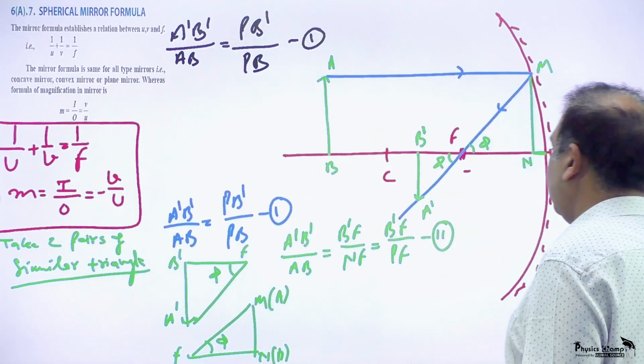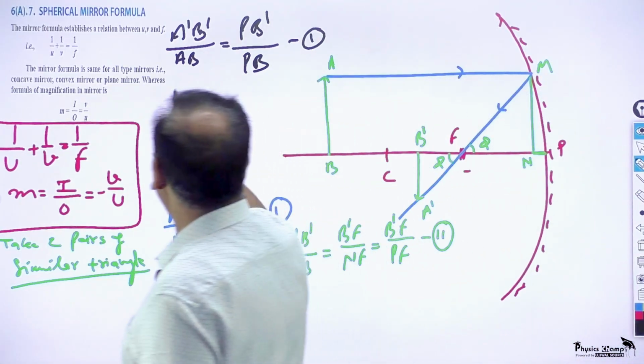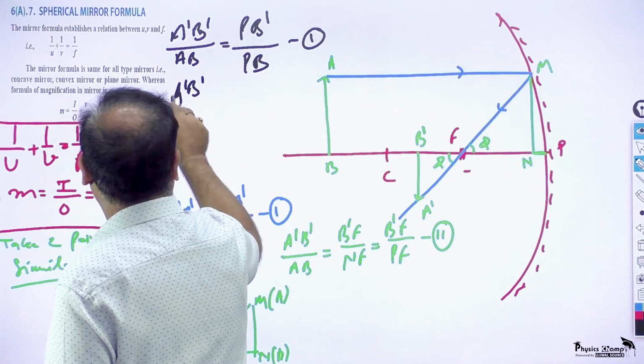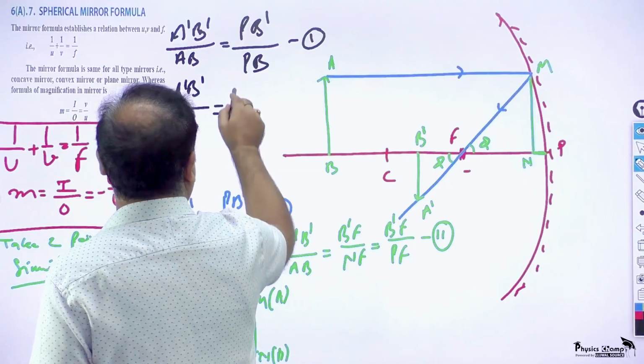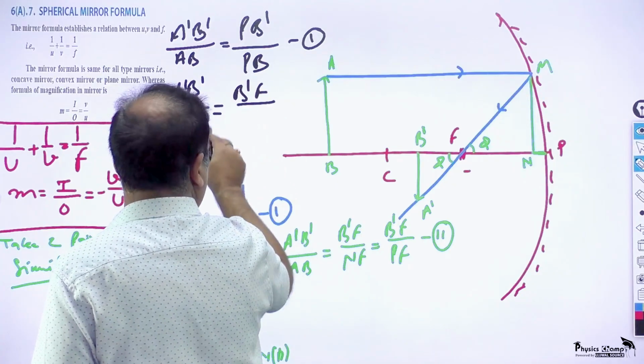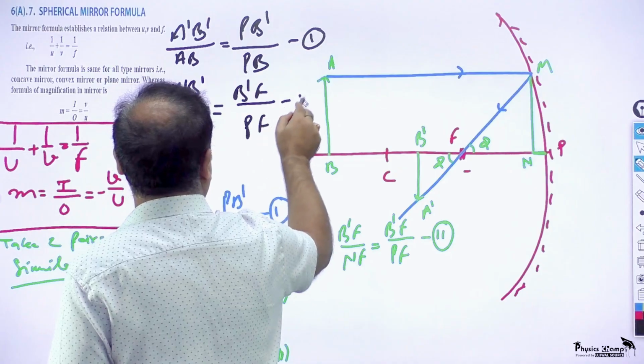And also A dash B dash divided by AB is equal to B dash F divided by PF. This is equation 2.